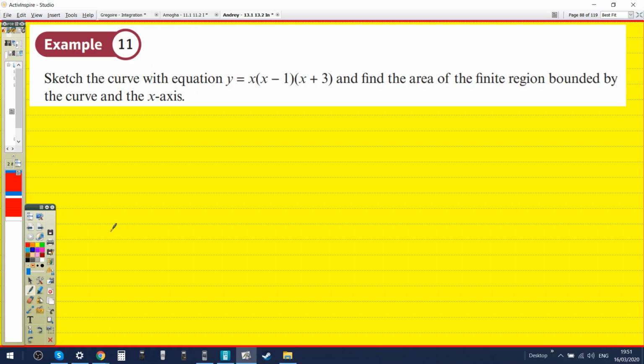You could. And so the roots are minus 3 and 0.